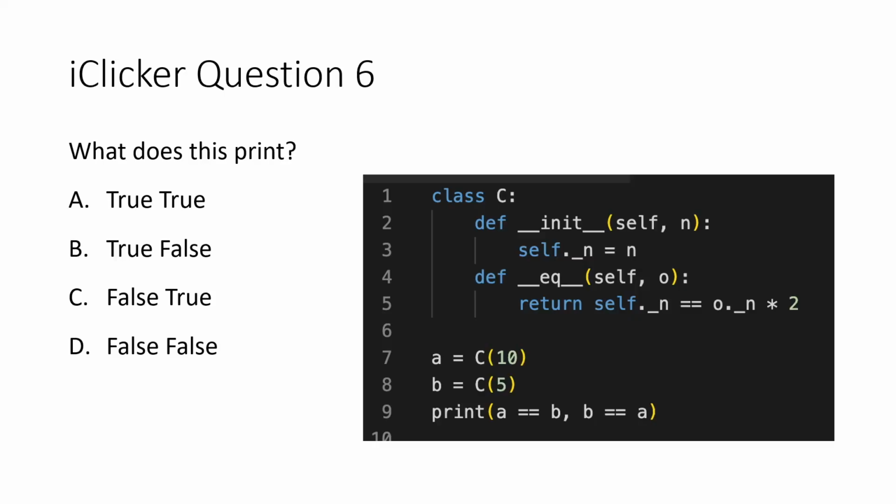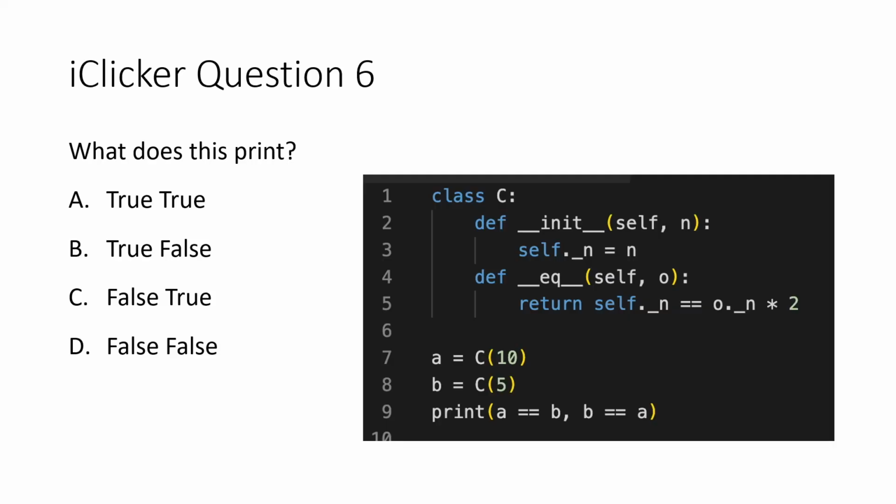What is the value of B then? 5, right? You pass 5 here, then this would be 5 multiplied by 2, so 10. 10 equal to 10. Is that true or false? True. So this is the first one.